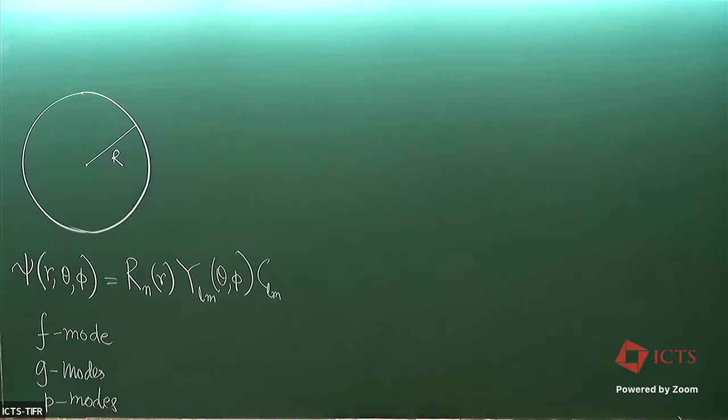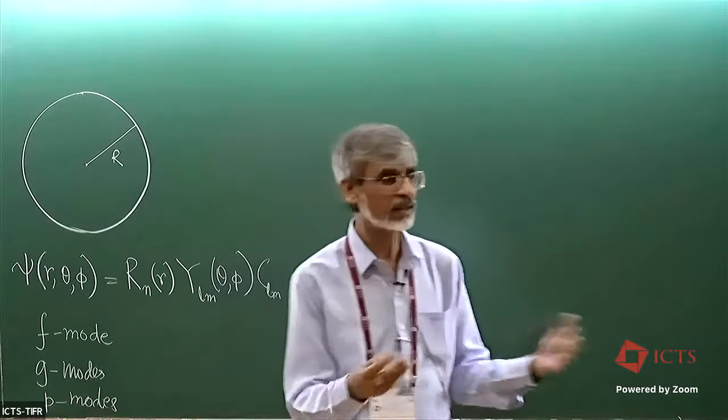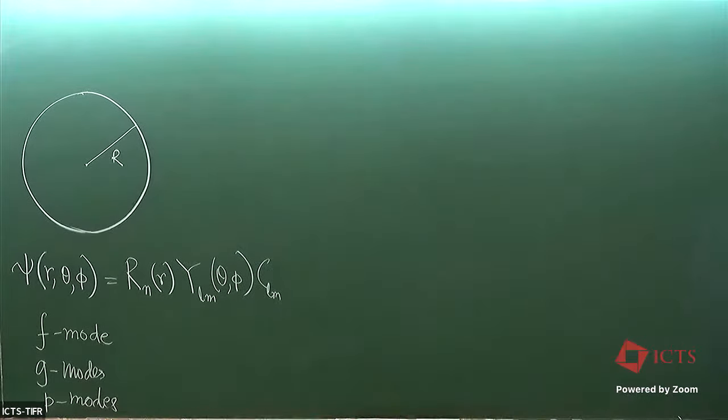I presume there are efforts going on to try to extract this from the waveforms, but I am not aware of a definitive detection of F modes yet from compact binary coalescence. But even this is more or less a transient excitation. You have this, then coalescence occurs, and then this is not there anymore, and this lasts for a short while.